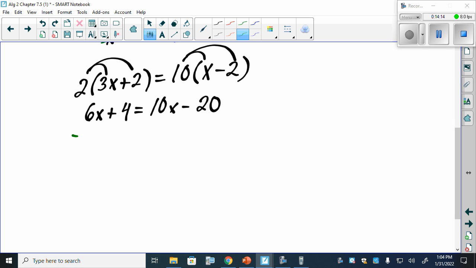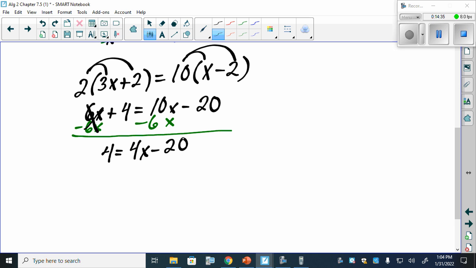Well, what can we do next? We can subtract 6x from both sides. And when we subtract 6x from both sides, 6x minus 6x is 0. So we get 4 is equal to 10x minus 6x is 4x, minus 20.